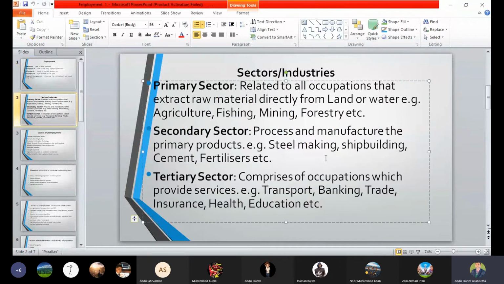You can have your employment, meaning jobs, either in the primary sector, secondary sector, or tertiary sector.